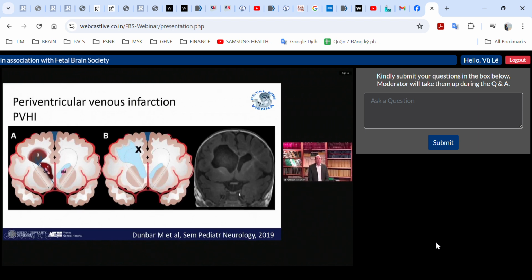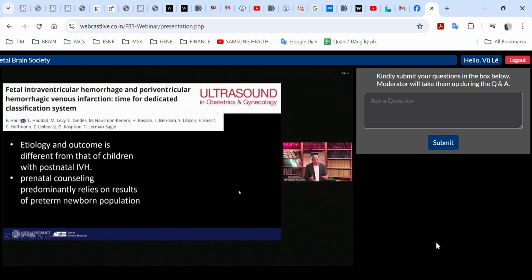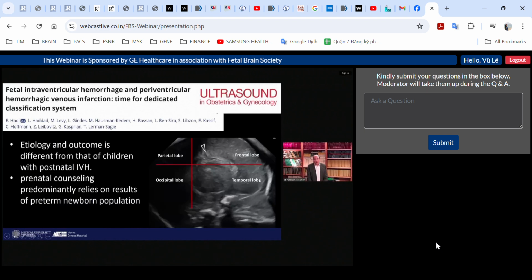And that has been accounted for in Efrat Haim's paper and proposition to really think again about this condition and take into account why these fetuses have their hemorrhages, and also taking into account the site of the hemorrhage, the location of the hemorrhage, which, in my opinion, plays a major role in the prediction.